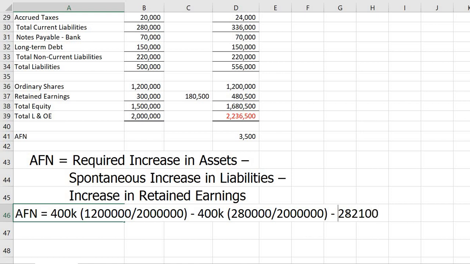Since our dividend payment is 101,600, how much is left? Let's just compute it for now. Okay.